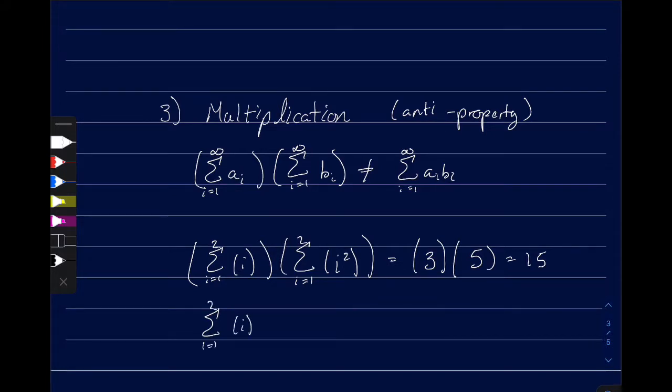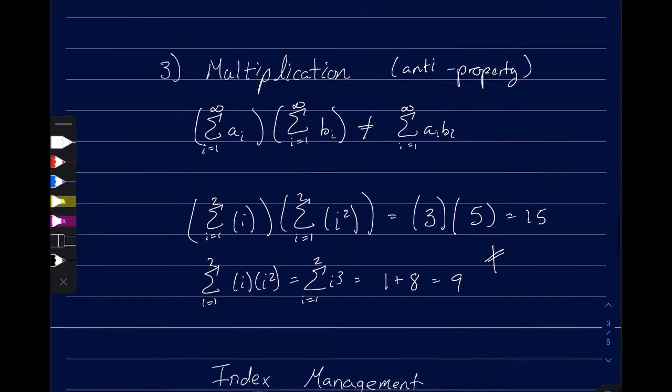But then if we look at the sum from 1 to 2 of i times i squared, we're actually looking at the sum of i cubed from 1 to 2. And that is going to be 1 plus 8, which is 9. And these don't match up. So the simple example with partial sums in this case actually extends to the infinite case.